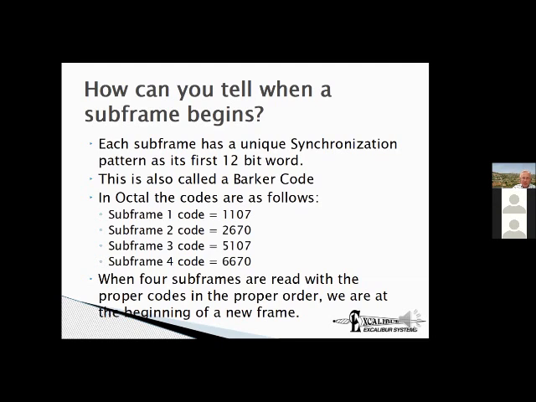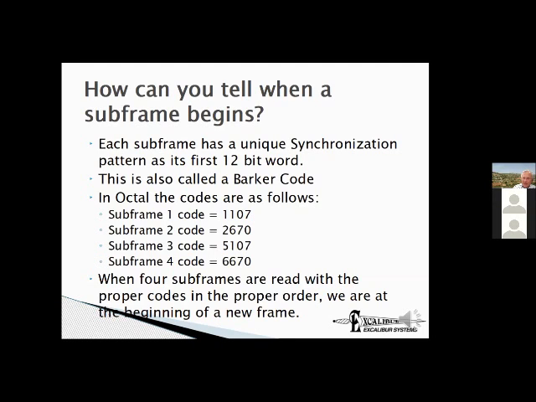So first of all, I want to see if there are other possibilities. And then if there is an 1107, then exactly a second later, I'm going to check to see, did I get a 2670? And if I did, then I'll check a second after that for a 5107 and a second after that for a 6670.